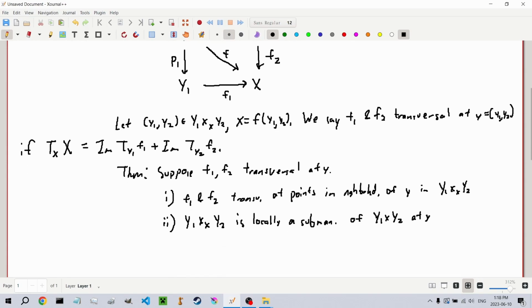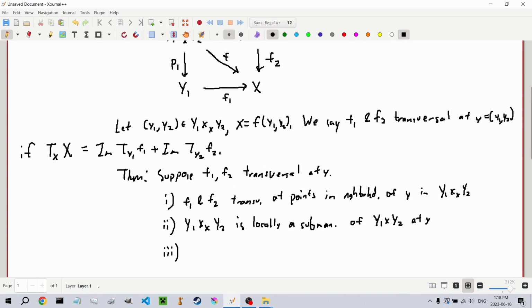And third and finally, the tangent space at y of the fiber product of y1 and y2 is equal to the fiber product of the tangent space of y1 and the tangent space of y2 across the tangent space of x, at y1 and y2.